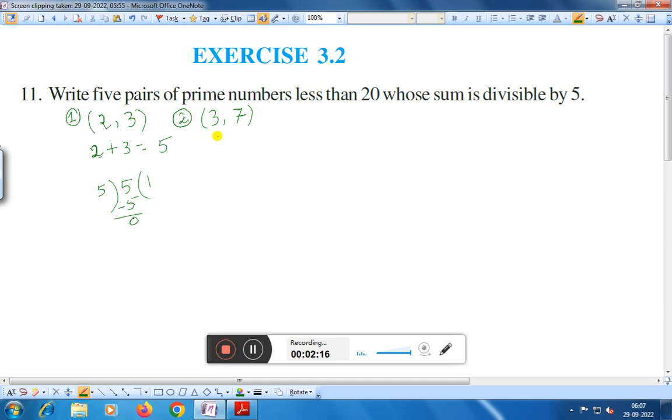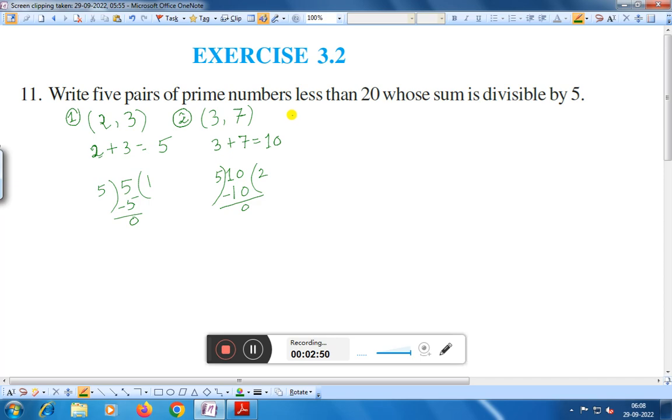Now if we add 3 plus 7, it is equal to 10. Now if we divide 10 by 5, it is also divisible by 5. 5 twos are 10. Right? Our second pair is 3 and 7.